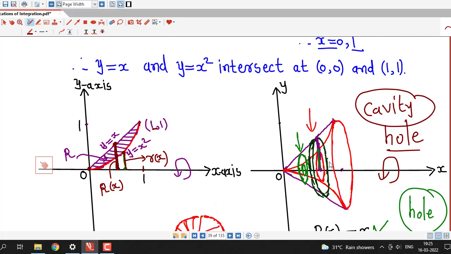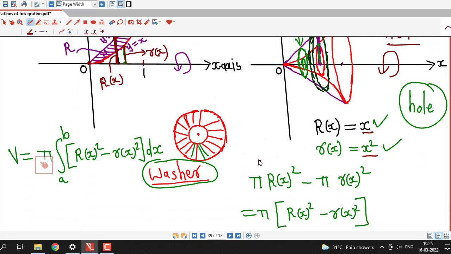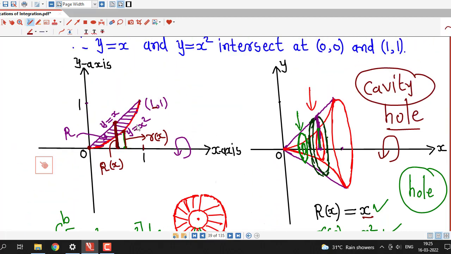So the area of that washer can be obtained by considering the area of the outer disc minus the area of the inner disc, and we can obtain the outer radius and inner radius in this way. We consider the distance between the top curve and the axis of rotation as the outer radius, and the distance between the bottom curve and the axis of rotation as the inner radius.